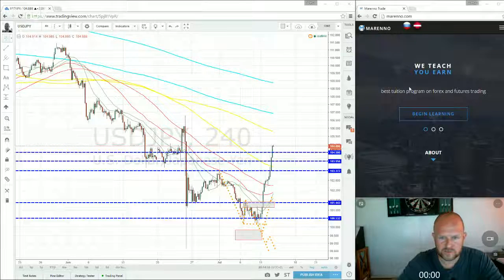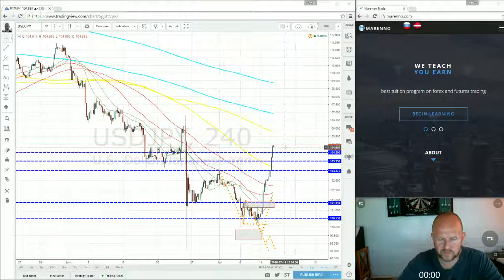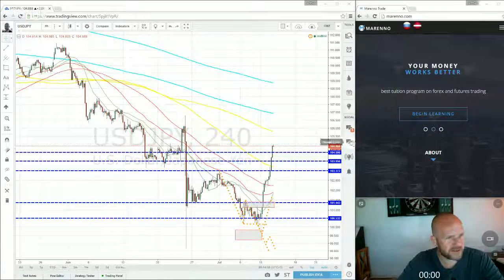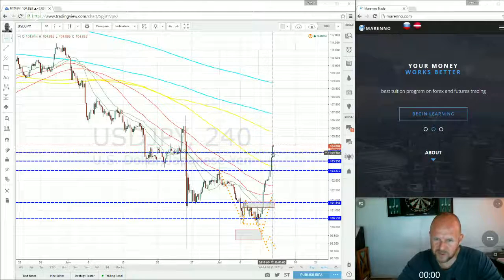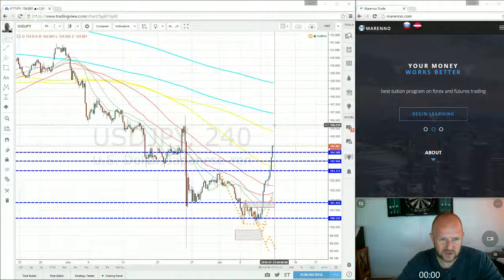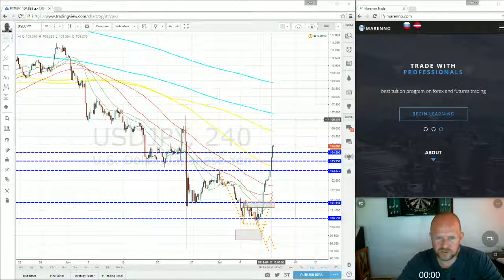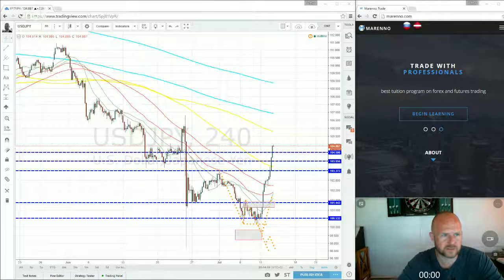Dollar yen. The price is going further up. I guess that most of the traders are trying to buy it now, but I'm still looking for sell opportunities till 106.500, till about here.